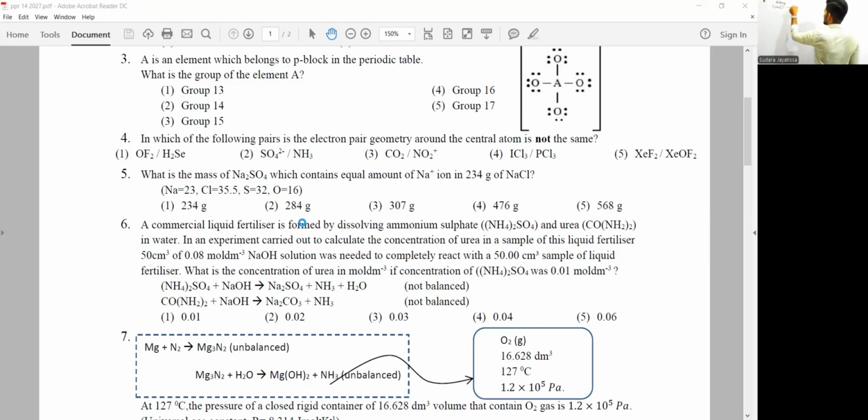From this, find out moles of sodium. Then it is asking for the mass of sodium sulfate, so go for the moles of sodium sulfate and then the mass of sodium sulfate. This is what you need to do after breaking the question.